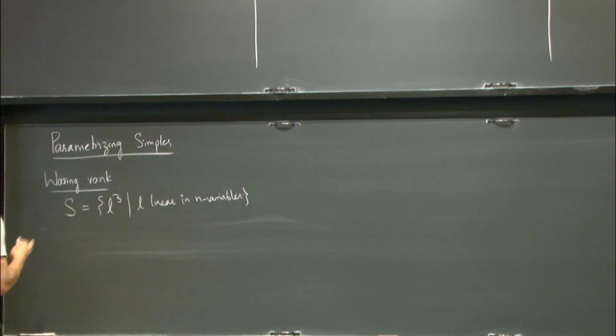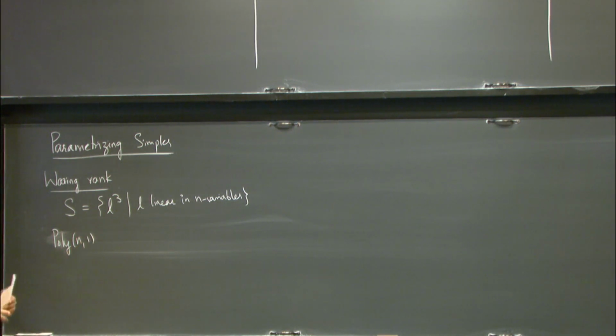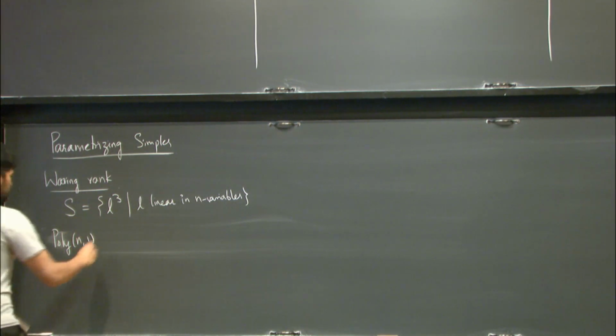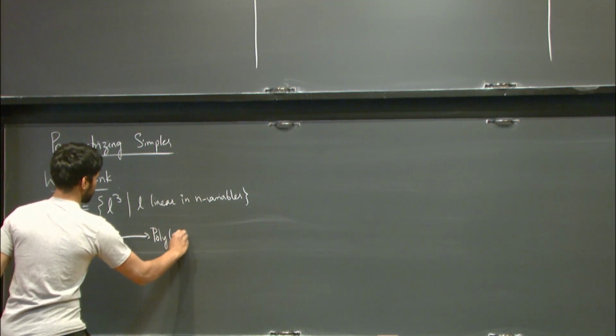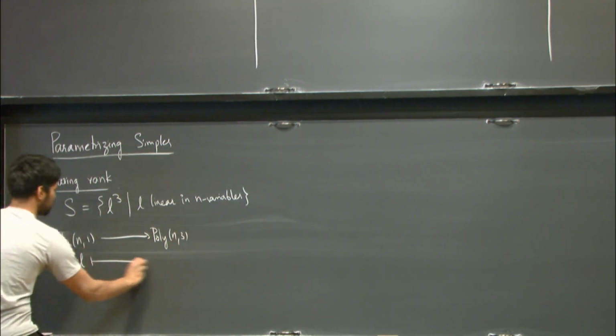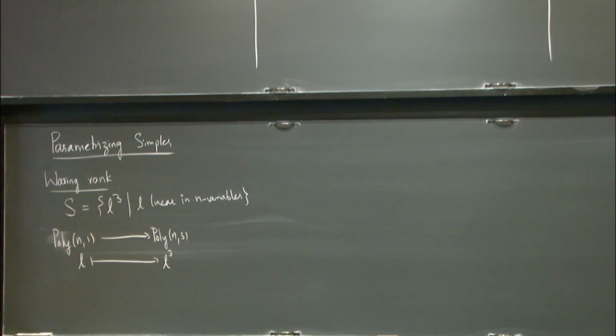Okay. So if you think about it, what this means is there is a map from linear polynomials to the set of degree 3 polynomials that takes a linear polynomial and cubes it, right?